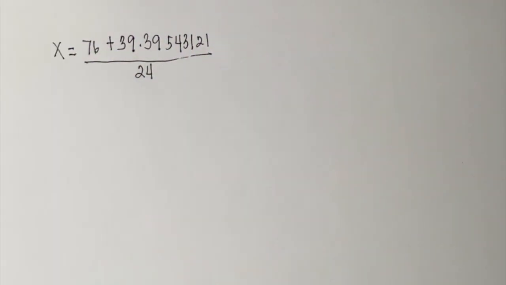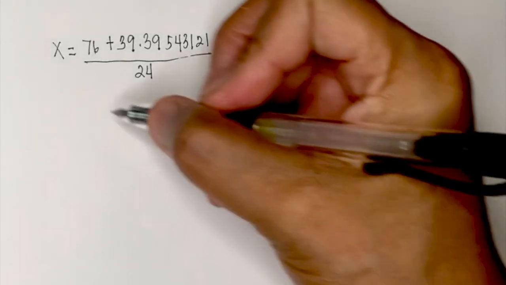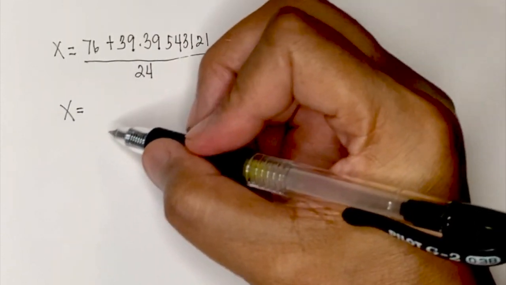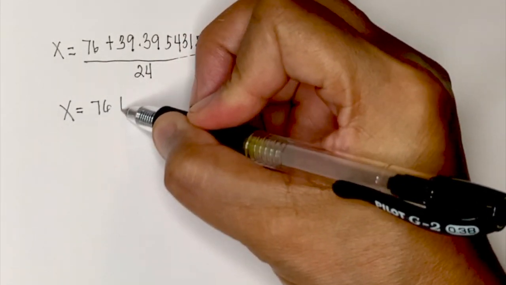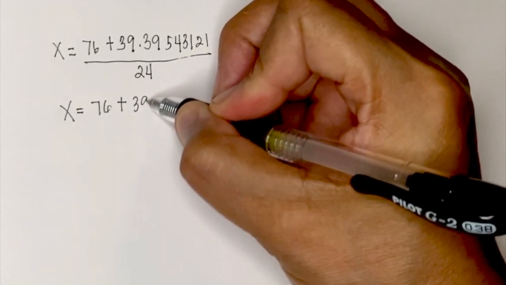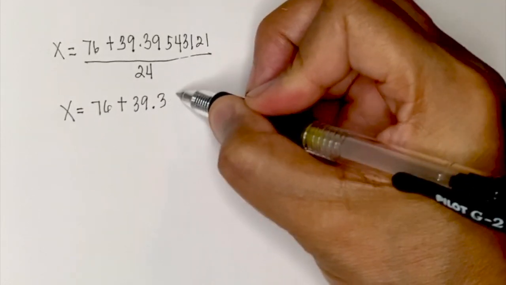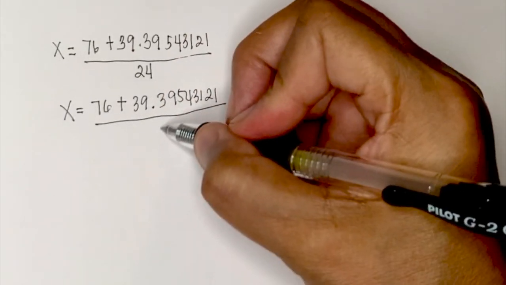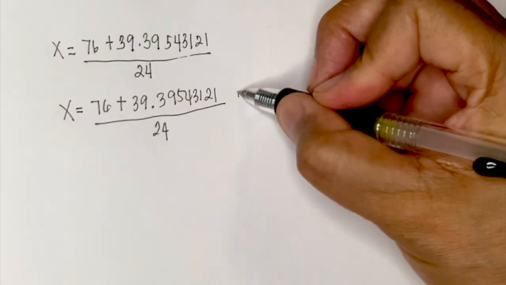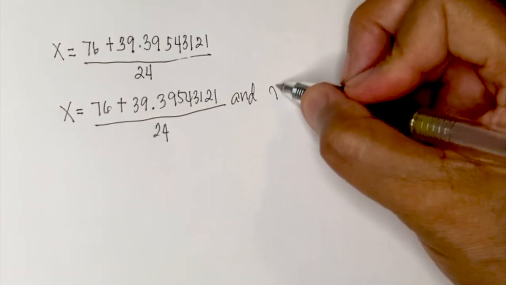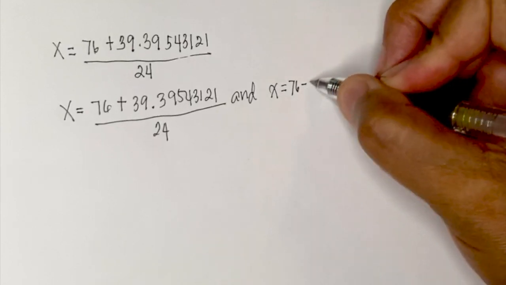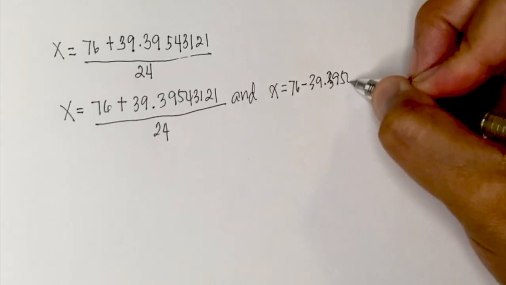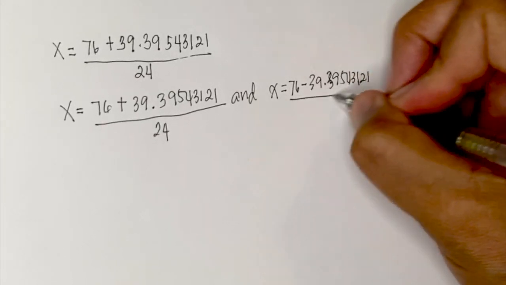That should give us X equal to 76 plus 39.39543 divided by 24, and for the negative, you have X equals 76 minus 39.39543 divided by 24.